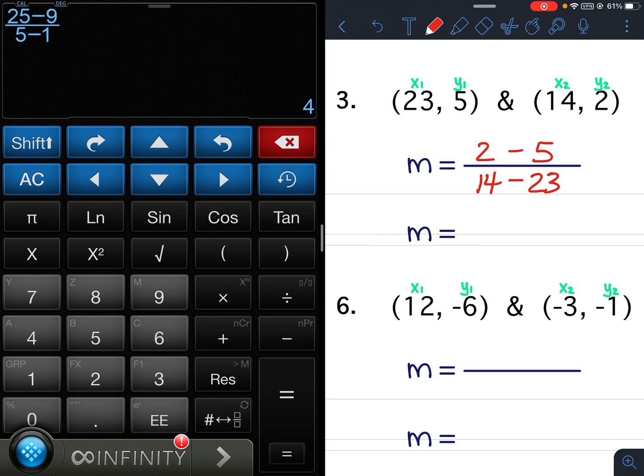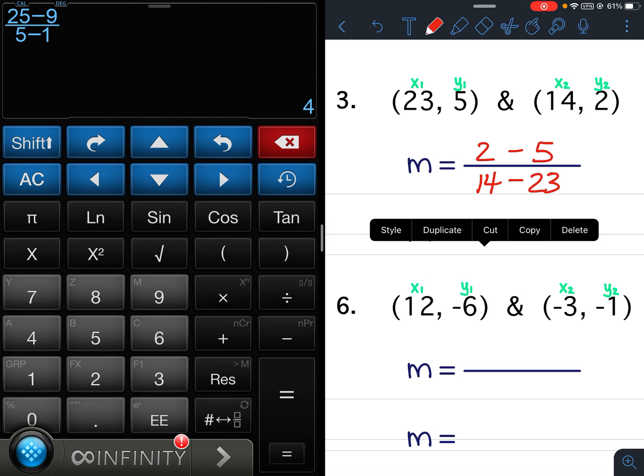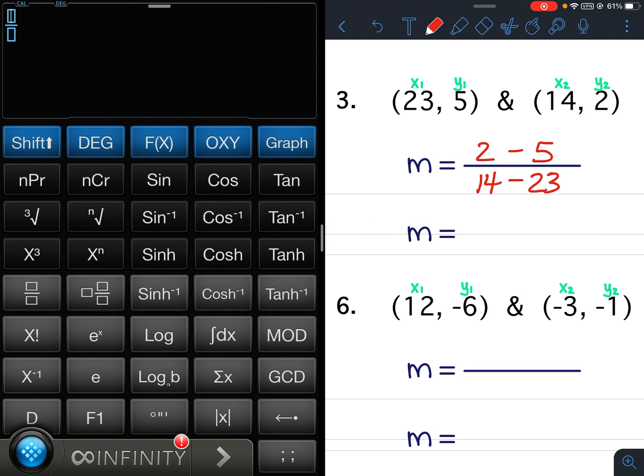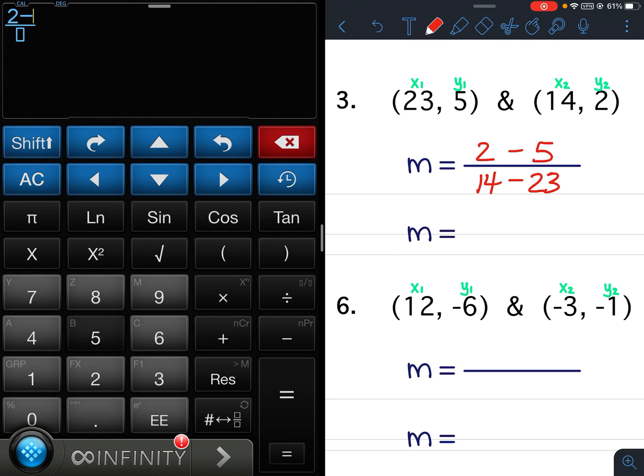And again, you're going to put this in your calculator exactly how it looks. So start with the fraction button. 2 minus 5 in the numerator. 14 minus 23 in the denominator.